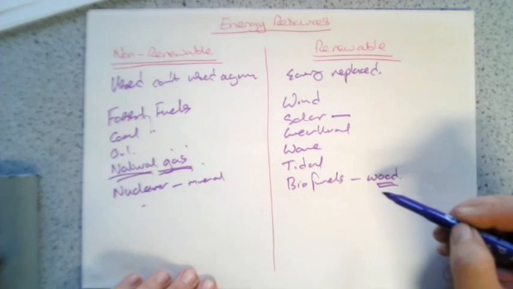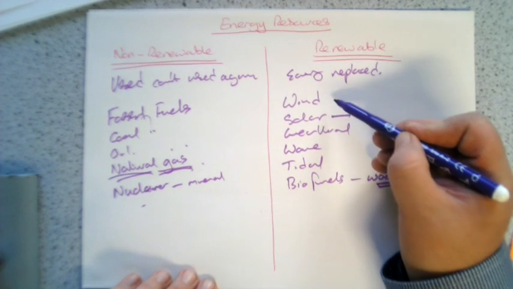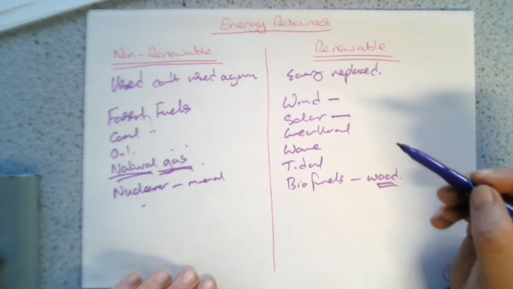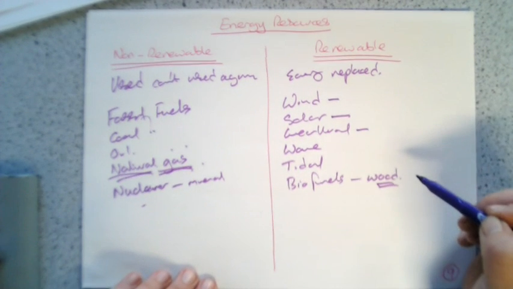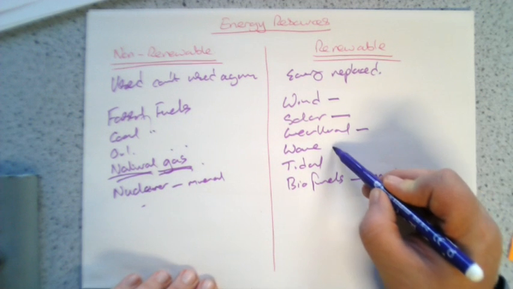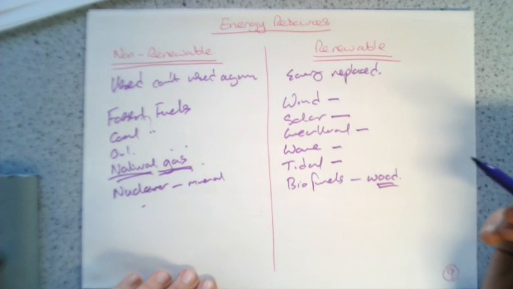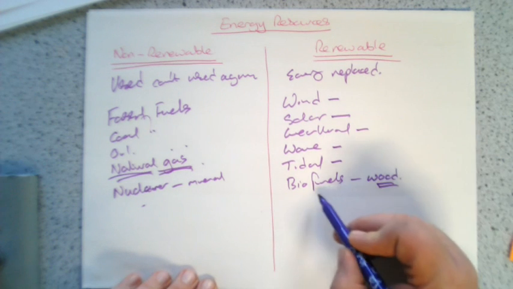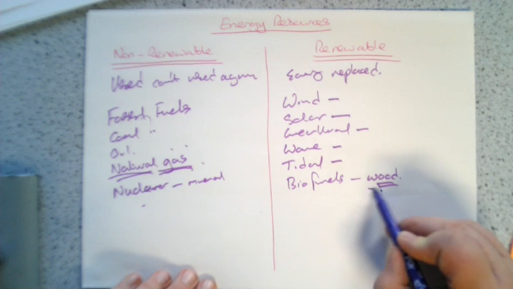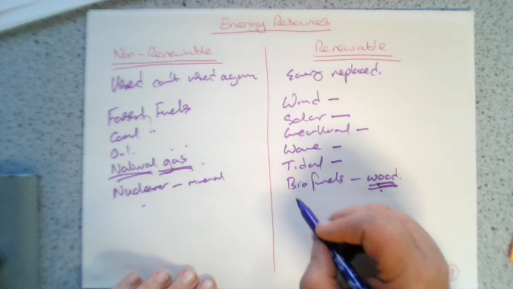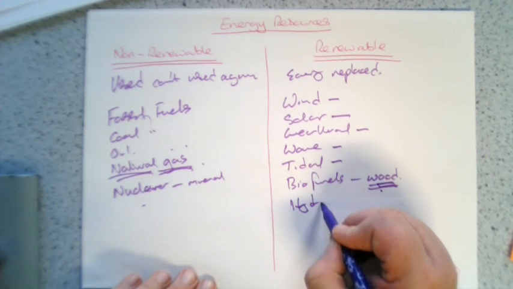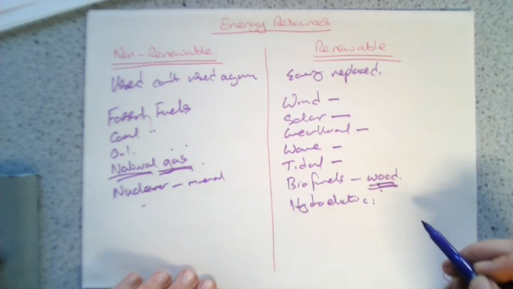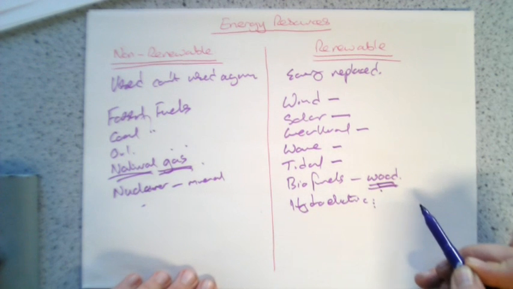So some days there might not be enough sunlight to generate electricity. Is it always windy? It could be not enough wind, too much wind. Okay, geothermal, only good where you actually have those sources. Wave, okay, wave and tidal, yeah, if you're an island like we are, really good. Biofuels, not a good advantage, takes a lot of land, okay? And then we've got, obviously, hydroelectric, okay? Again, takes a long time for your lakes to actually fill up.